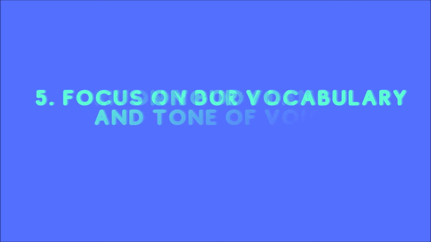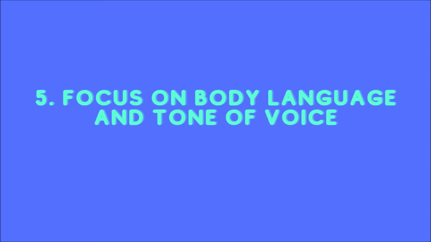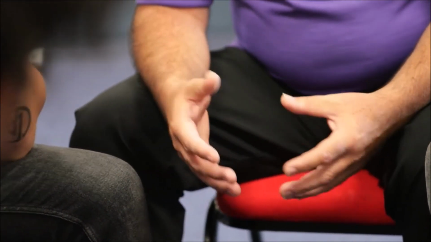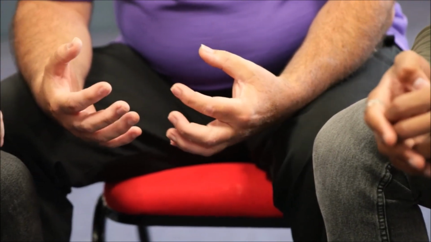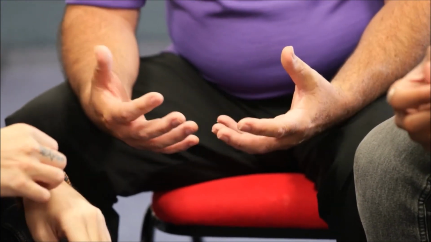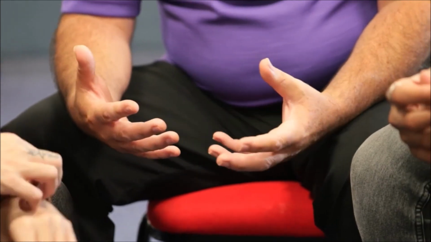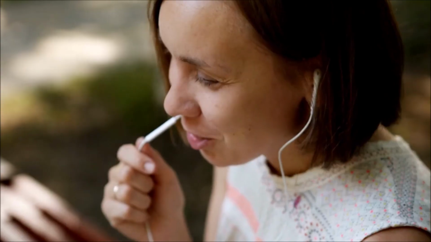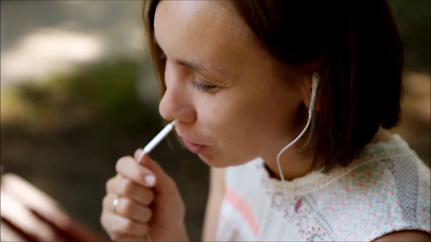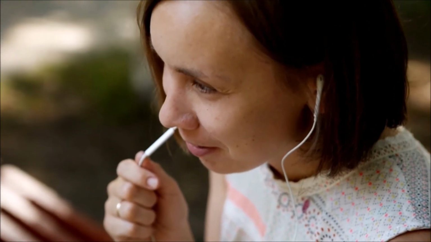My tip number 5 is to focus on body language and tone of voice, right? If you focus on body language and facial expression, if it's a face-to-face conversation, that will help a lot in your understanding of what's going on. Or if it's by phone, or maybe you're listening to a podcast, you'll need to focus on intonation, which will give you clues about how the speaker is feeling and help you to follow the tone of the conversation or speech.